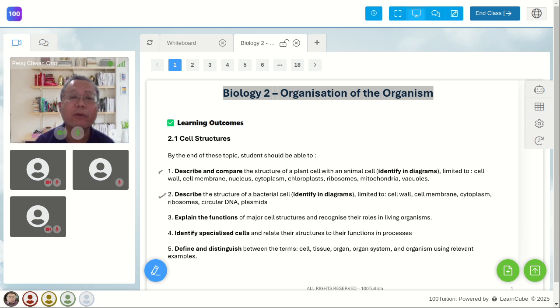Next, you are to describe the structure of the bacterial cell and identify it in diagrams, limited to cell wall, cell membrane, cytoplasm, ribosomes, circular DNA, and plasmids.